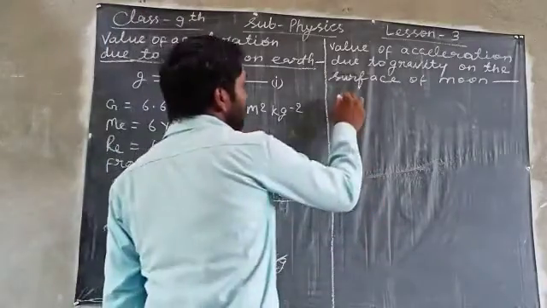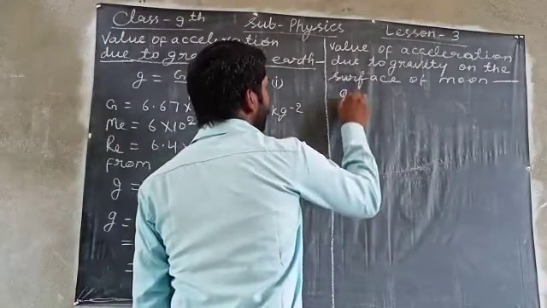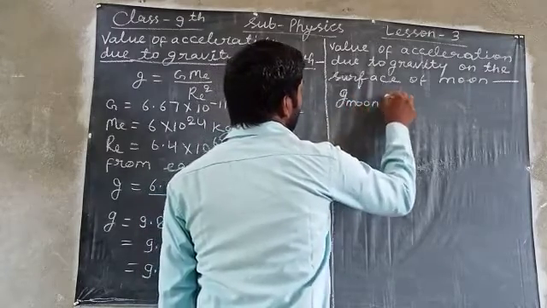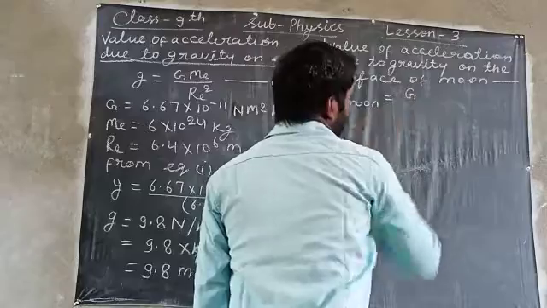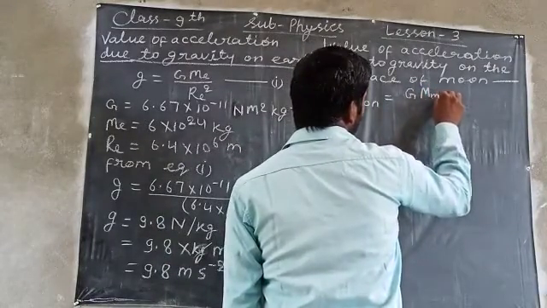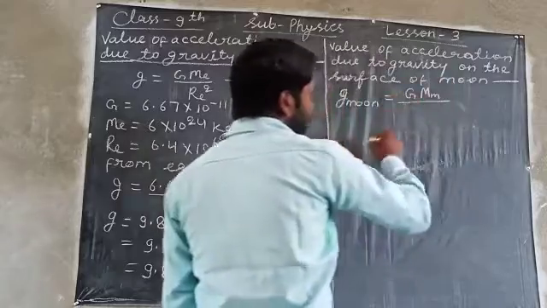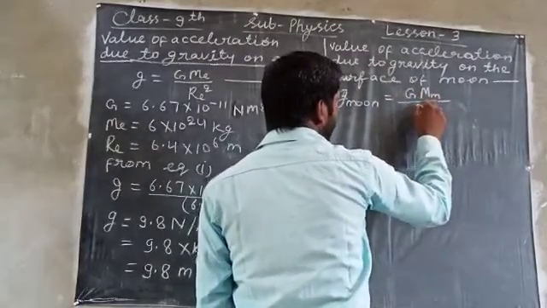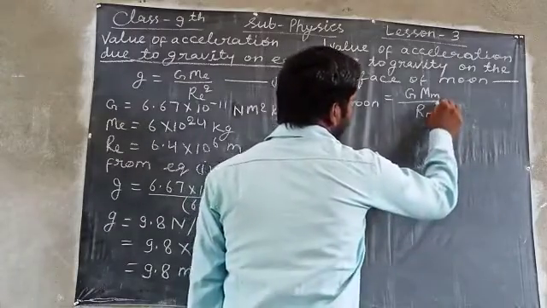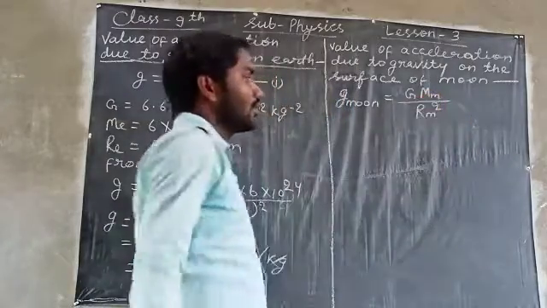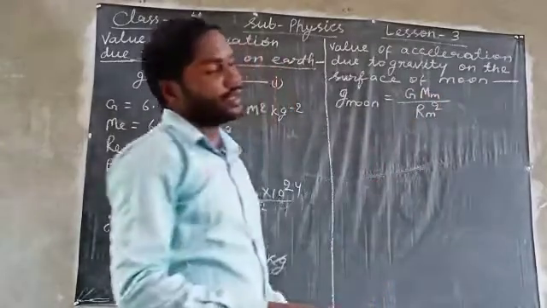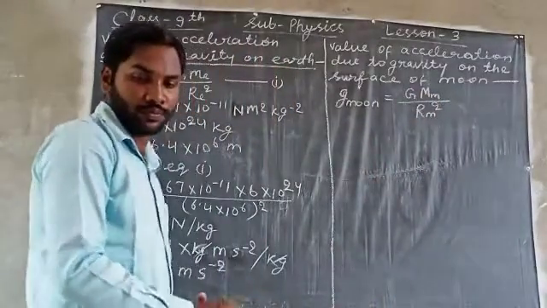So the acceleration on the moon, g moon, we will write as g moon is equal to G Mm upon Rm square, where G is the gravitational constant, Mm is the mass of the moon, and Rm is the radius of the moon.